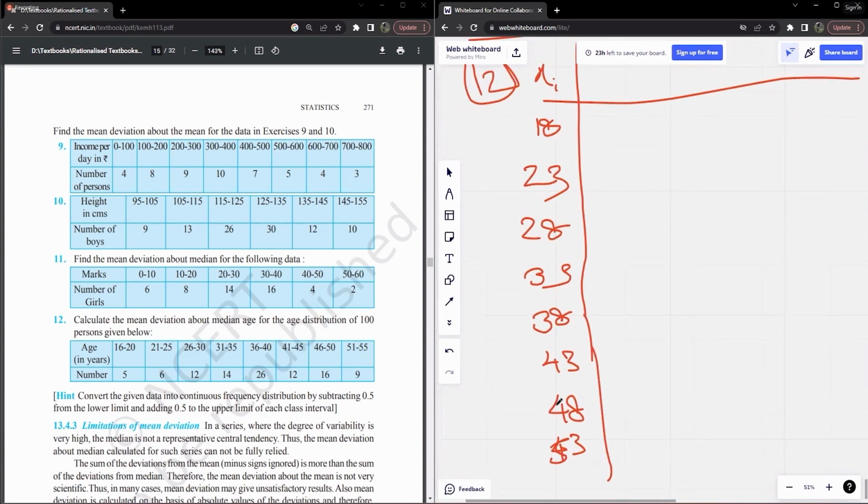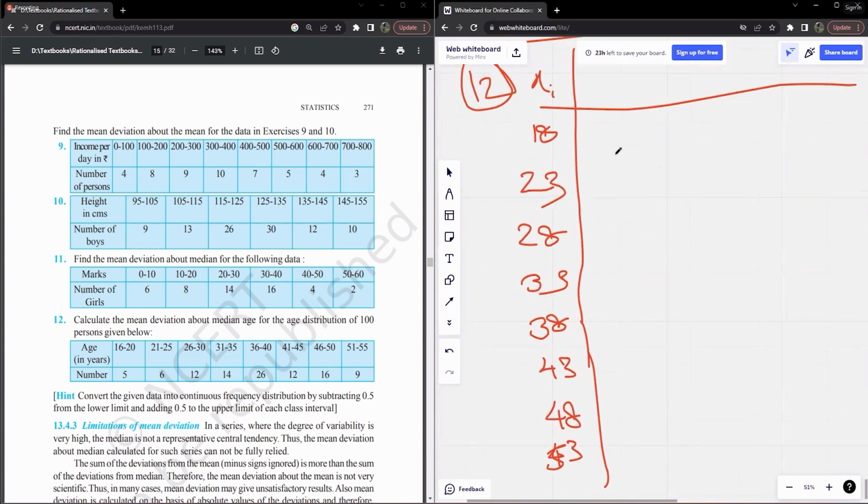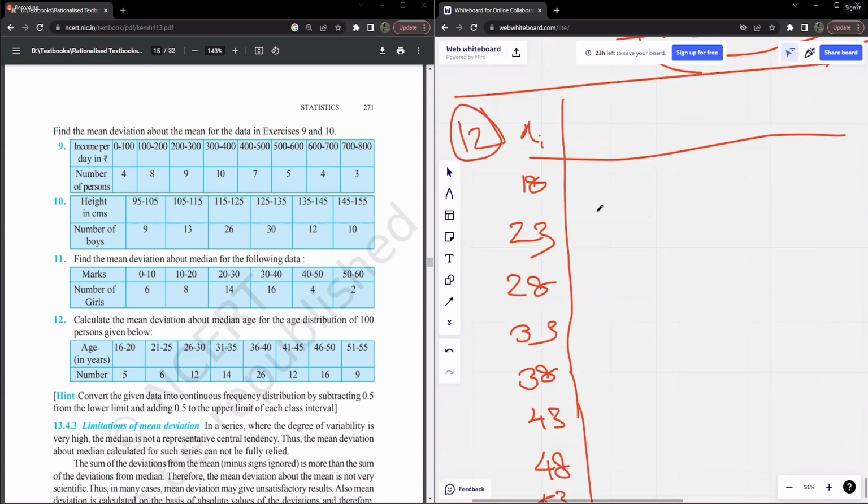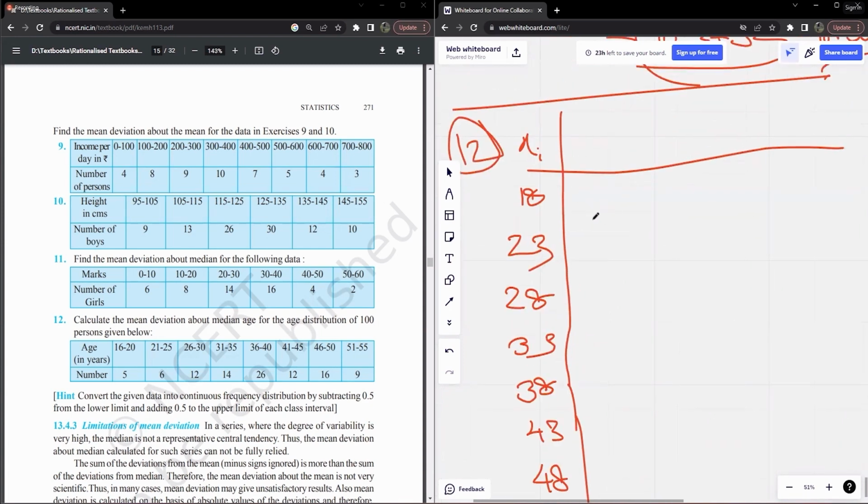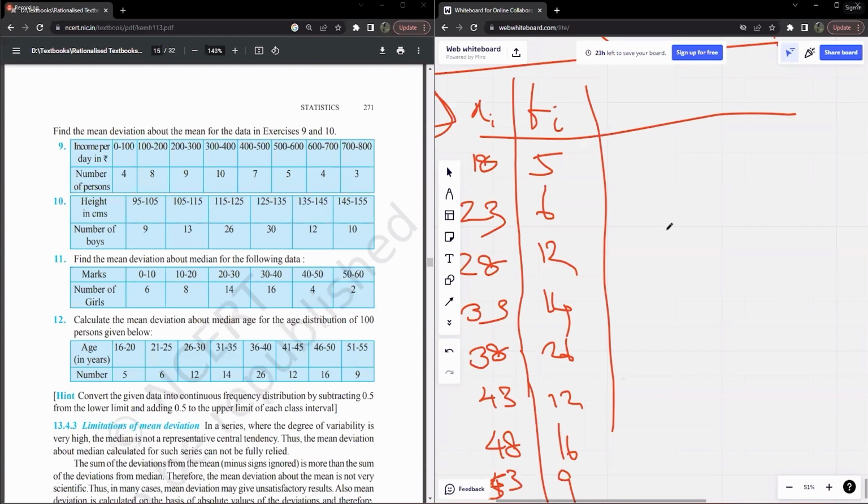1, 2, 3, 4, 5, 6, 7, 8. And you have the corresponding fi's to be 5, then 6, then 12, 16, and 9. Xi and fi. Cumulative frequencies then become 5, 11, 23, 37.